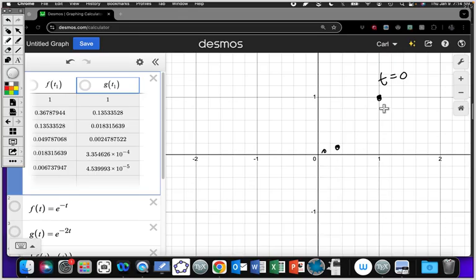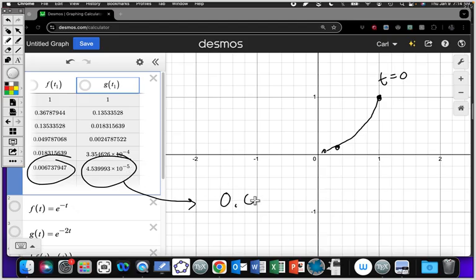So we can see what's happening is that we're heading down this way. As t gets bigger and bigger, these numbers get smaller and smaller. Once again, this is scientific notation. So this means we're basically taking this decimal and dividing it by 10 to the 5th power, so we're putting 4 decimal places in front of this 4.